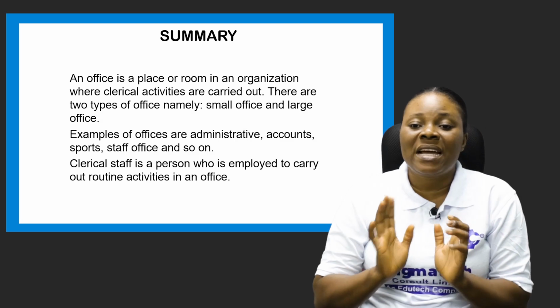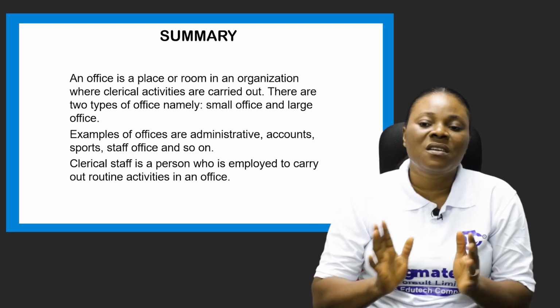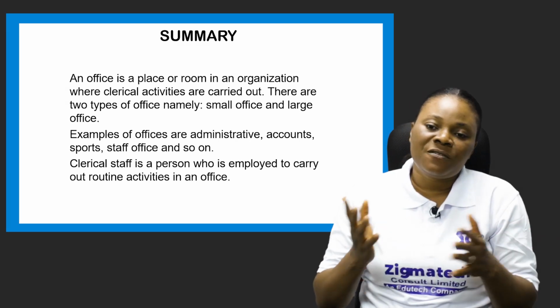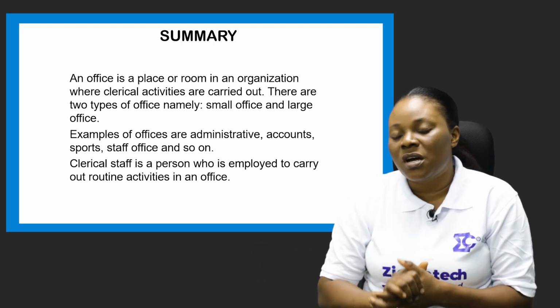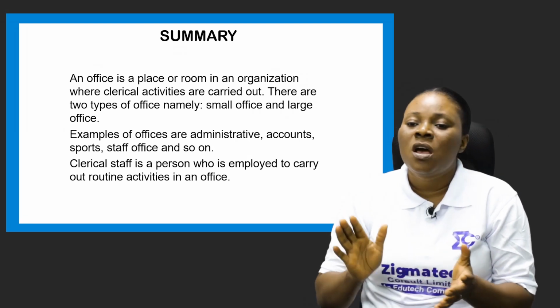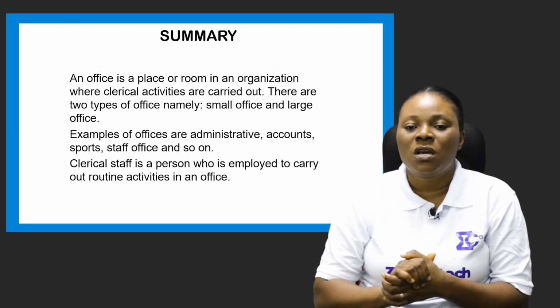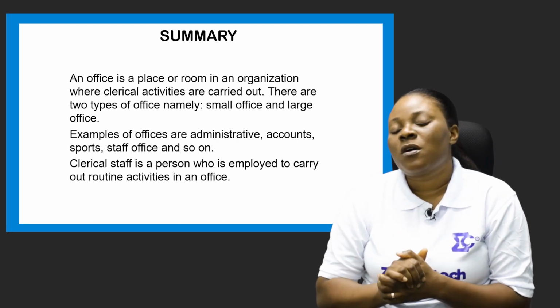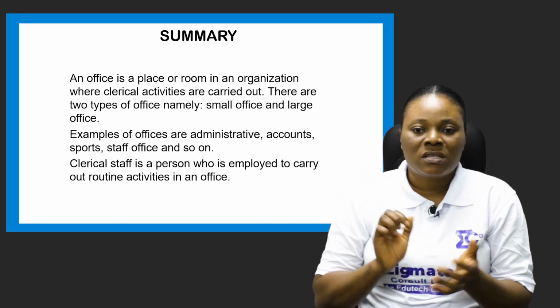We also identified the 6 basic functions of an office: giving information, receiving information, arranging information, processing information, storing information. Then we looked at a major office staff called the clerical staff.